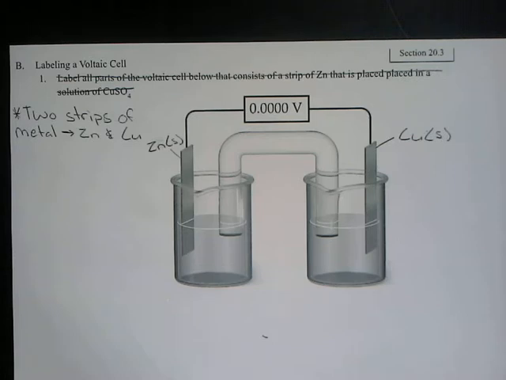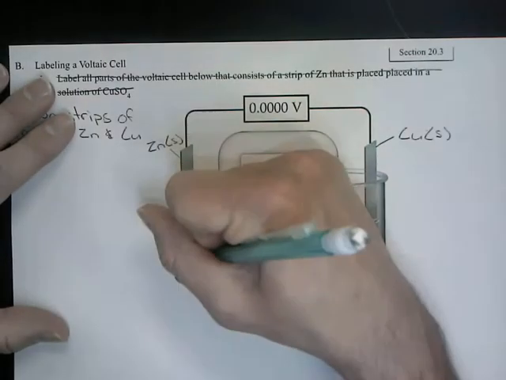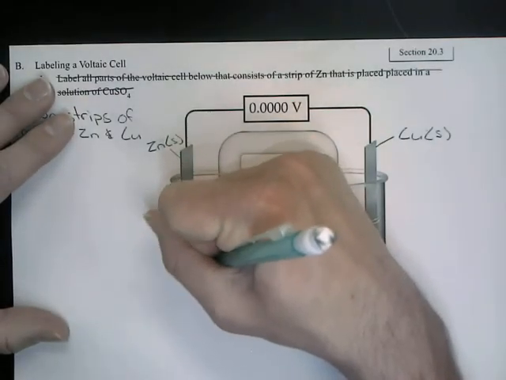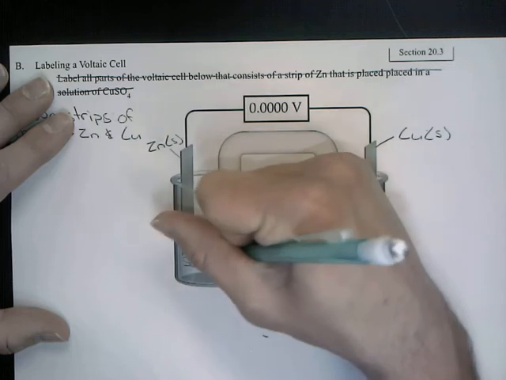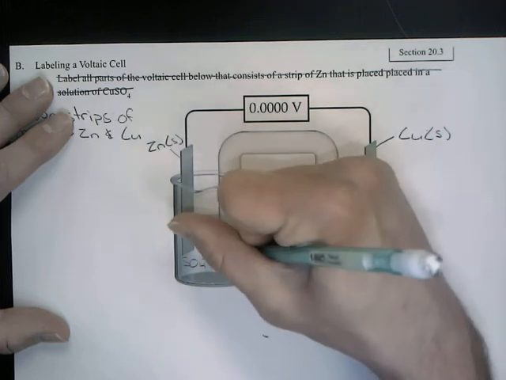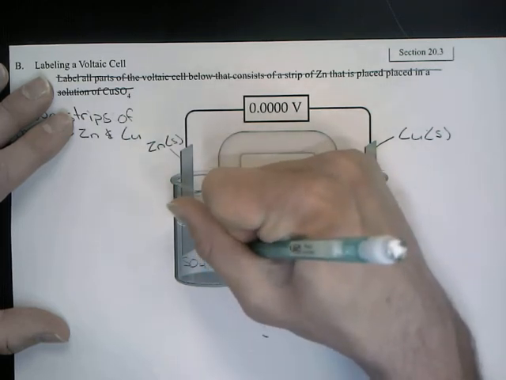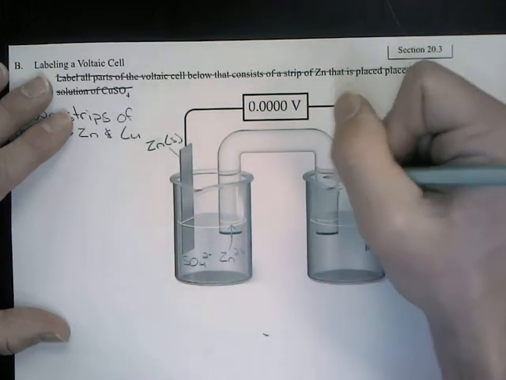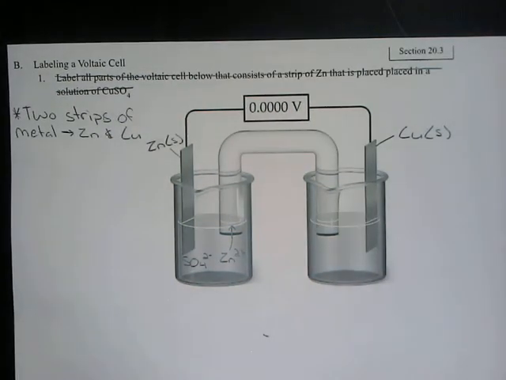So what is happening here is this. We are going to get these sulfate ions, and we're also going to get these zinc ions. Now this zinc is going to go up the salt bridge, which we'll talk about here in a second.